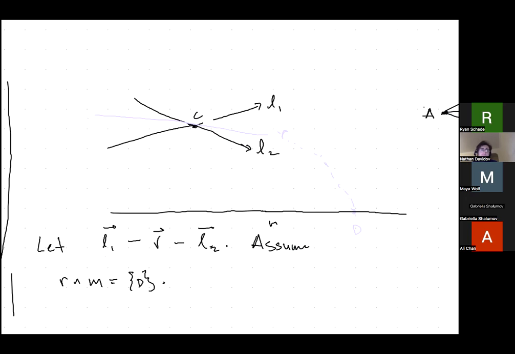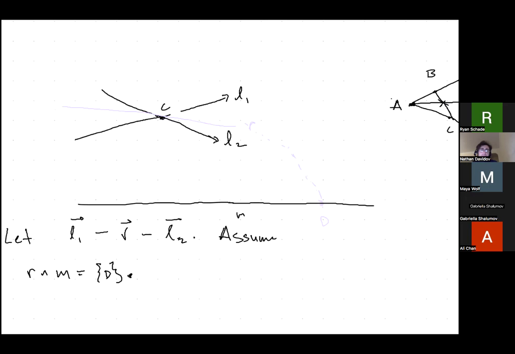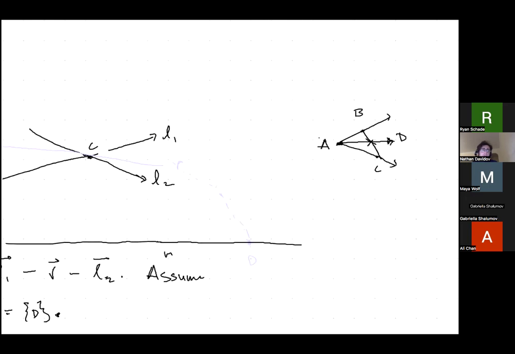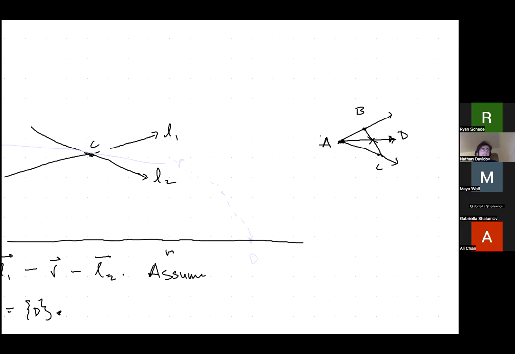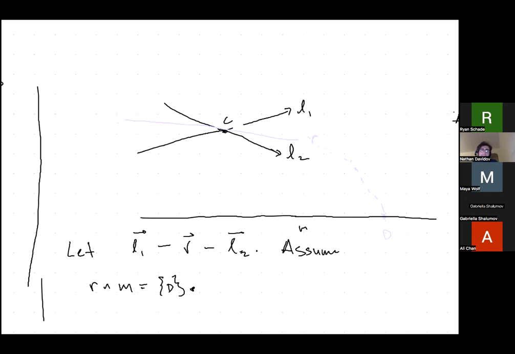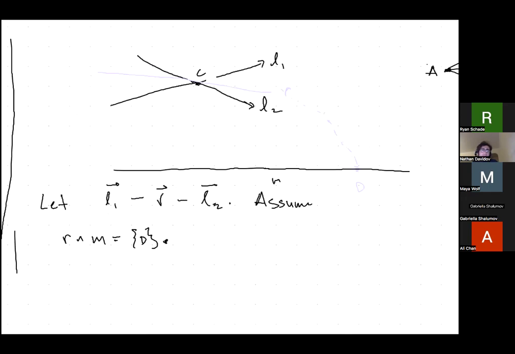Okay, there we go. So we have the crossbar theorem. I'm sorry, it's a little disorienting. Okay, fine. So I stated the crossbar theorem, and we assume this.